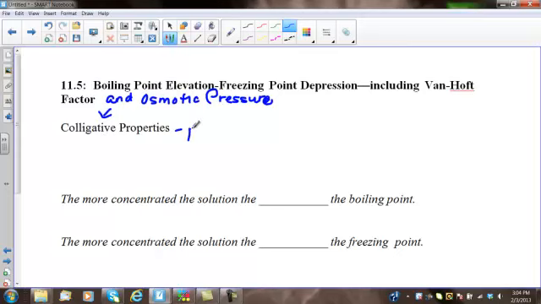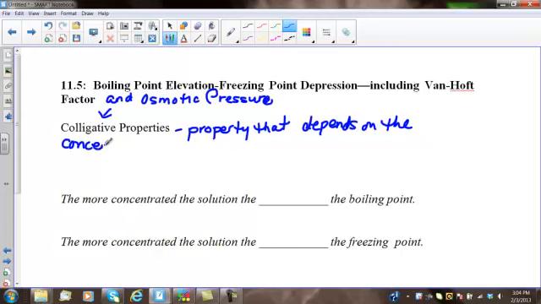Well, it's a property that depends on the concentration of a solution, not on what's being dissolved.